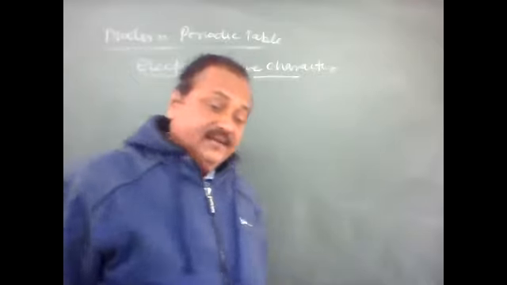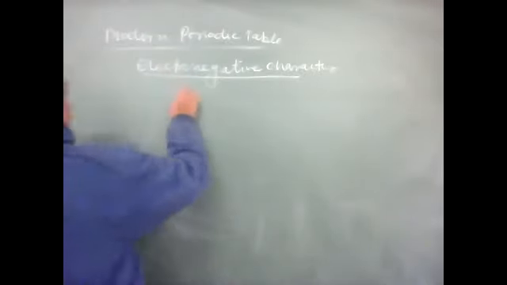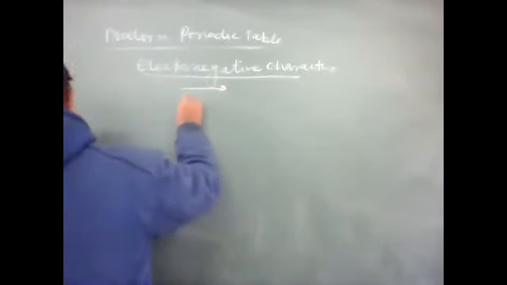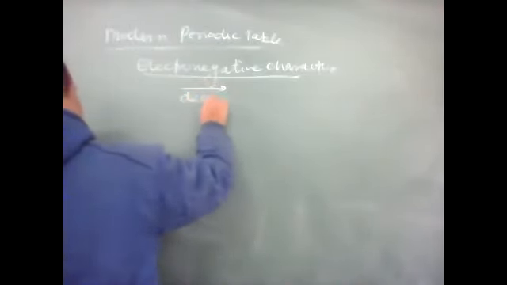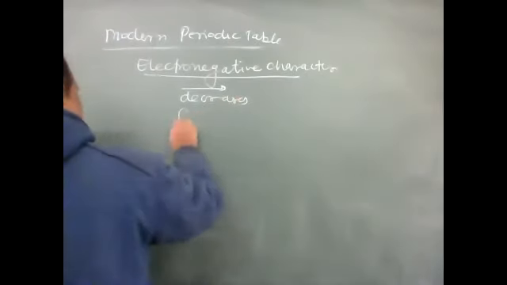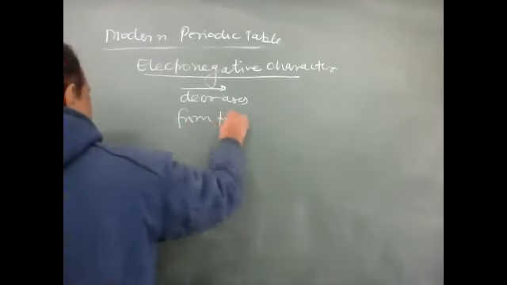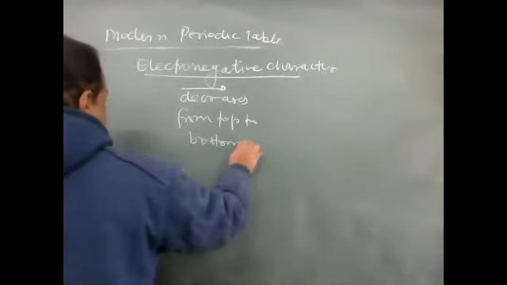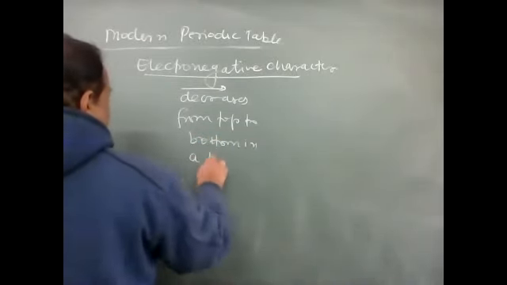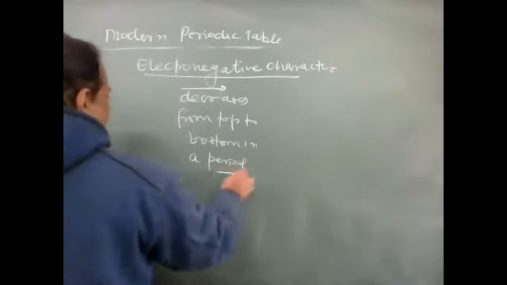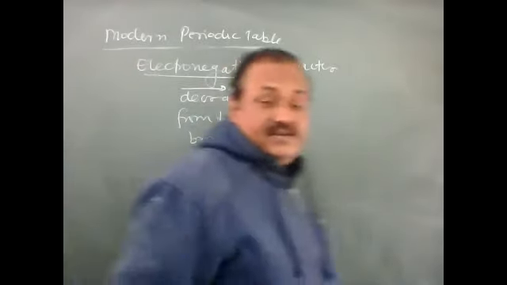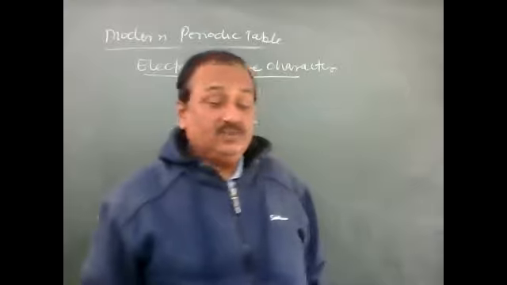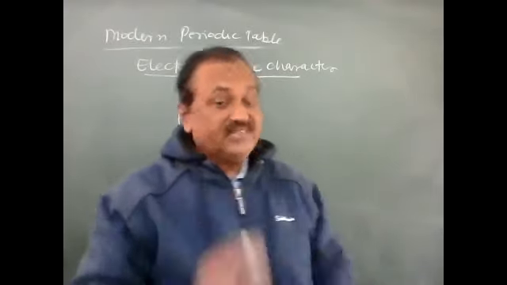So electronegative character decreases from top to bottom in a group. It decreases. It becomes more and more electropositive because of the increase in atomic size.